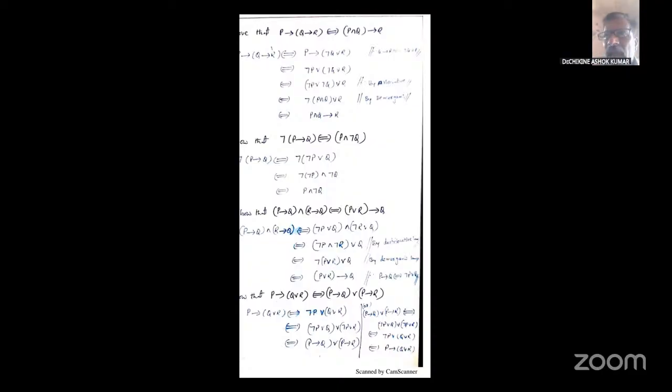If you convert this conditional formula in terms of disjunction, P implies Q equals negation P union Q. I am applying the principle to the inner expression, not to the negation, so I am writing the negation as it is. Negation of (P implies Q) becomes negation of (negation P union Q). Now apply the negation principles: what about negation of a union? Apply De Morgan properties. So negation of negation P intersection negation Q. Negation of negation P becomes P. So P intersection negation Q.